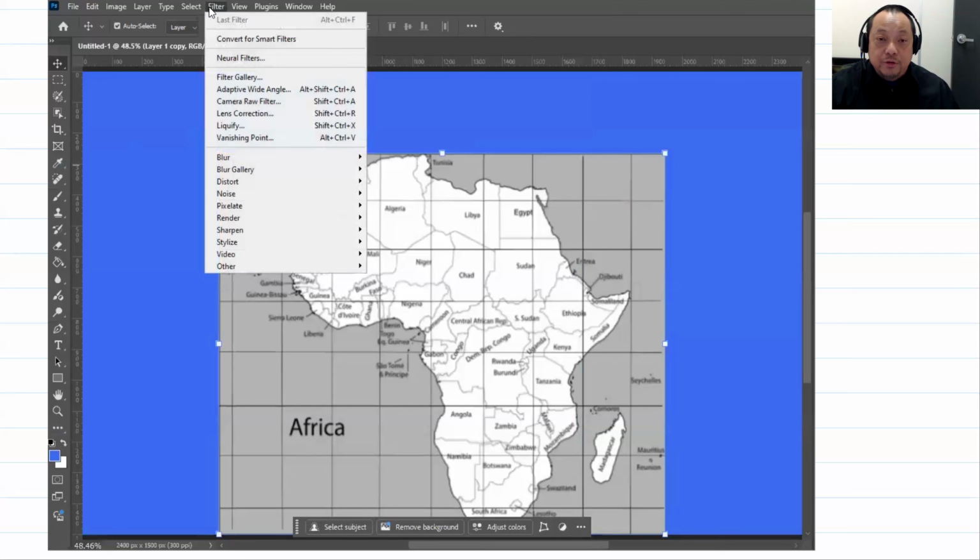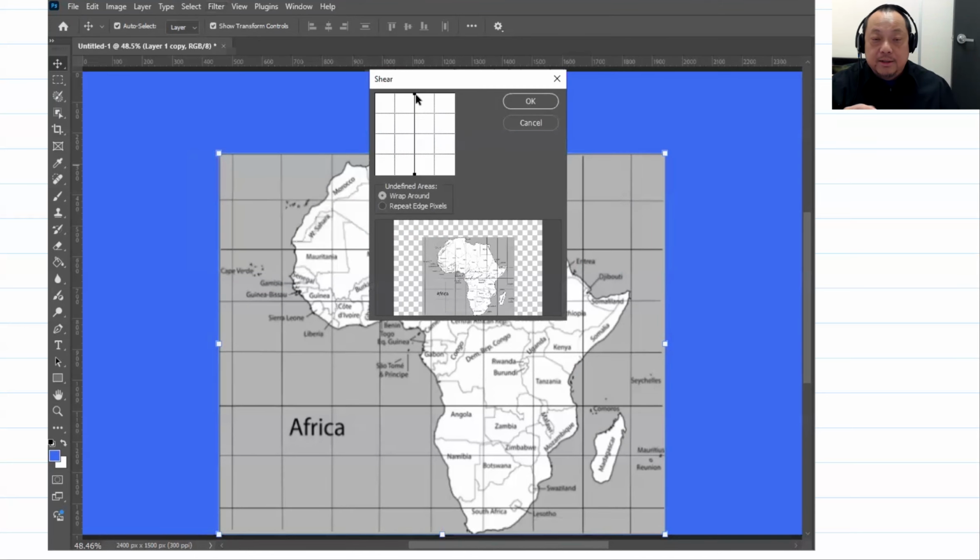In Photoshop, shear is under Filter, Distort, Shear. I can shear it by a lot or by a little. I define my shear as slanted to the right, just like the parallelogram I got on paper. And I hit OK.